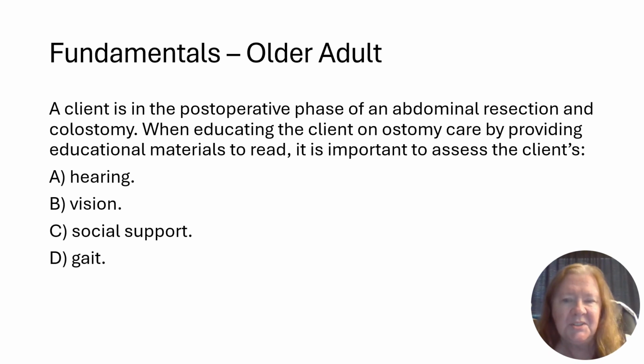Okay, letter C is social support. That's important, but not for this question. And D is gait, also important, but that's not what it's asking you. So you have to read the stem of these questions carefully. Read it a couple of times to determine what information the question is asking you for.